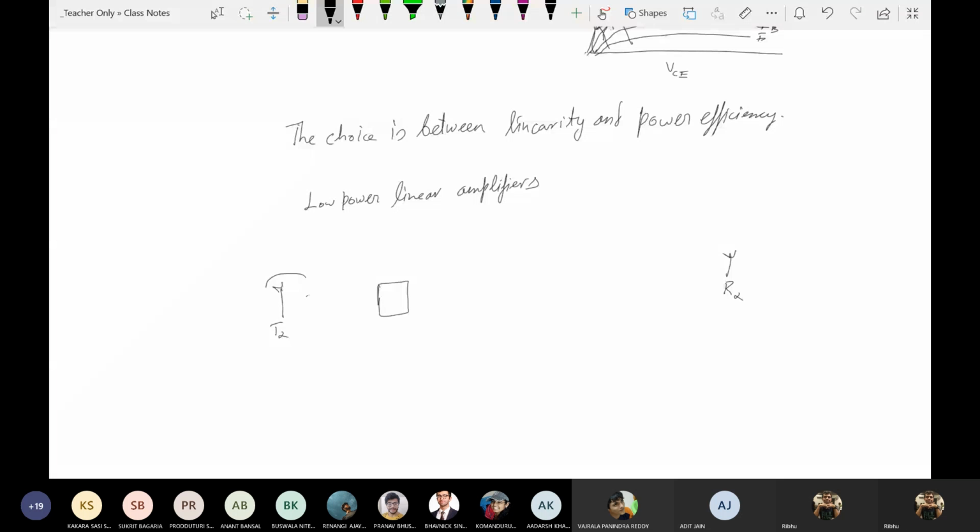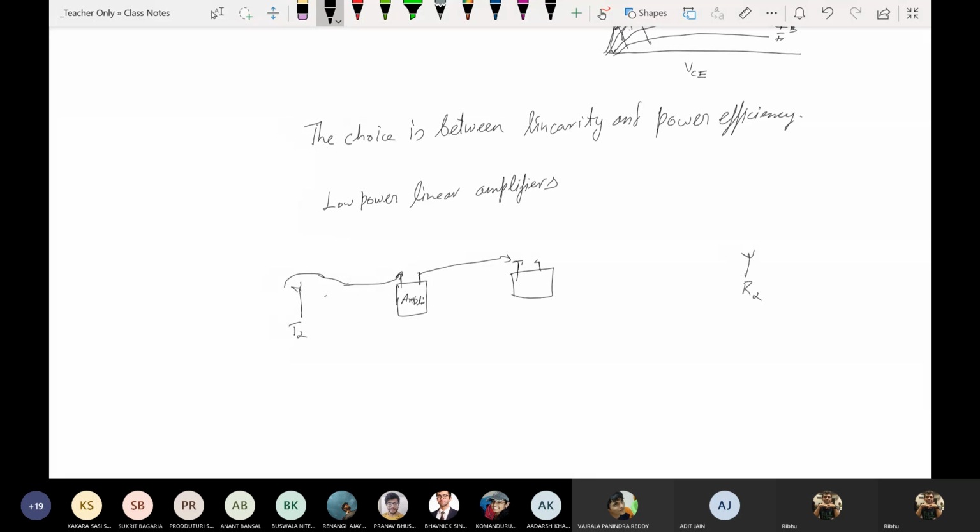A repeater is basically a receiver and a transmitter: it receives, amplifies, and forwards. We can put multiple such repeaters, so basically we are stacking multiple low power amplifiers at a distance.